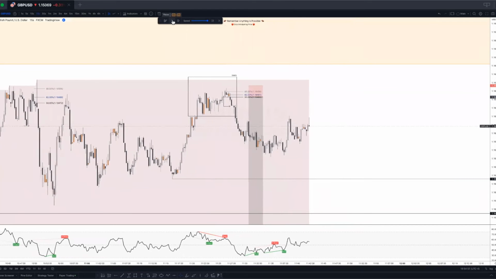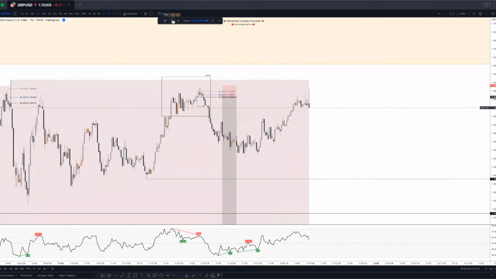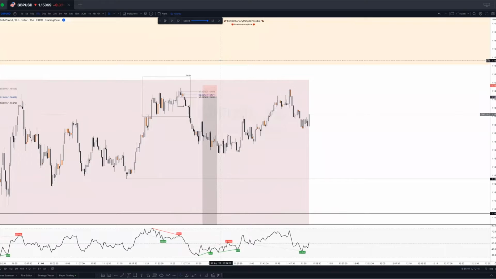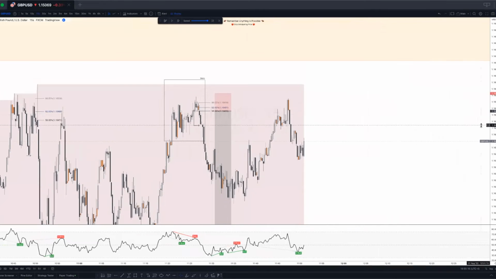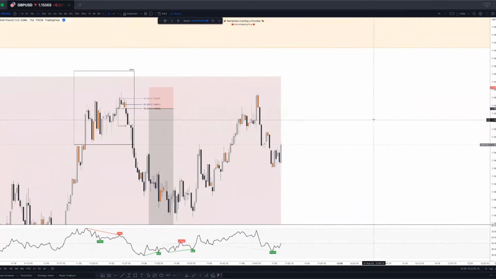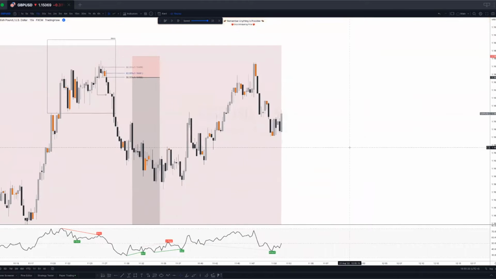So what happens? Okay, are we in? We are in. So did I get out? Nope, not yet. So we are in this trade with 2.2 pip stop. What am I looking at? What do we see?